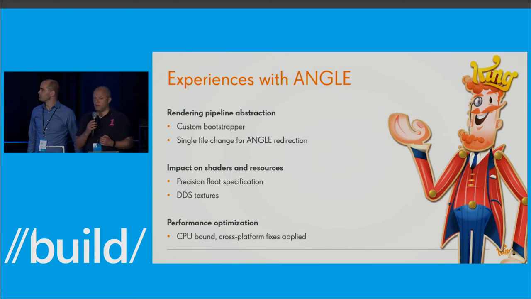Some of you that have leveraged OpenGL ES earlier have abstracted all the GL calls into a single file, which is the same case here in the engine. Redirecting all the GL calls to Angle meant that we only had to change the header files in one single file. That was pretty much what had to be done to get Angle working, a very rapid implementation. It didn't take us very long to get the rendering just working and everything blitted on screen.